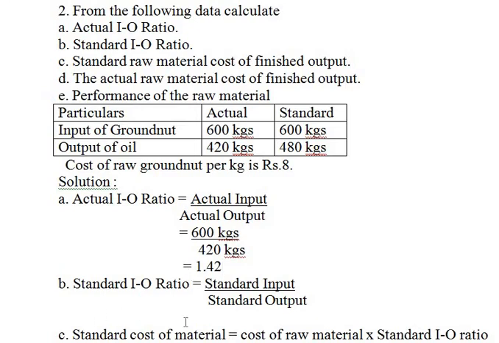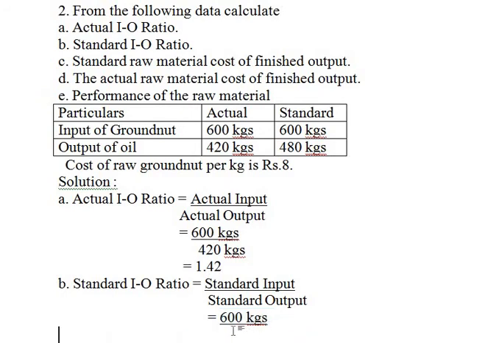Now standard IO ratio, again in the same manner we need to calculate. So that is equals to standard input, again 600 kgs, divided by standard output.